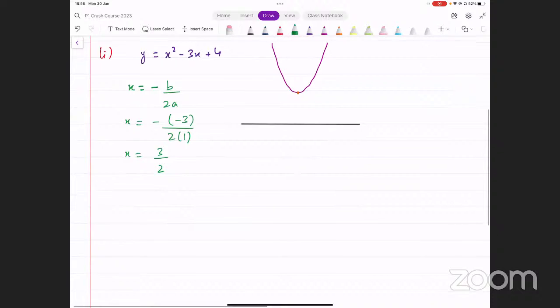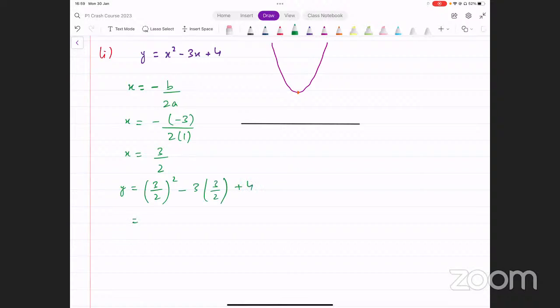Now, how do you find the corresponding y coordinate? You put this value back in the function, and that is going to give you the corresponding y coordinate. Let's try and find that. We get y equals 3 over 2 whole squared minus 3 into 3 over 2 plus 4.